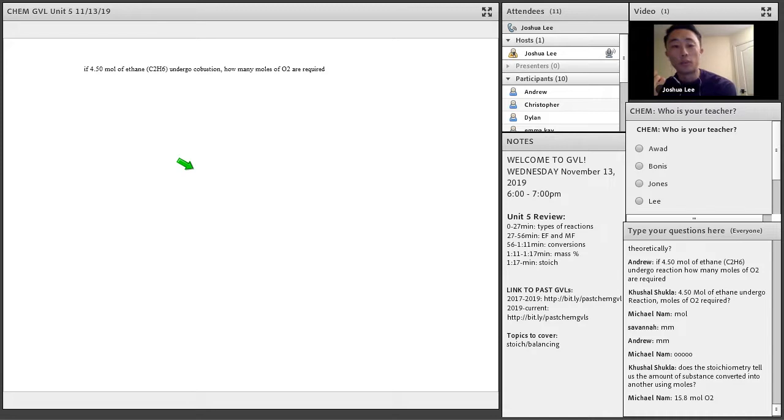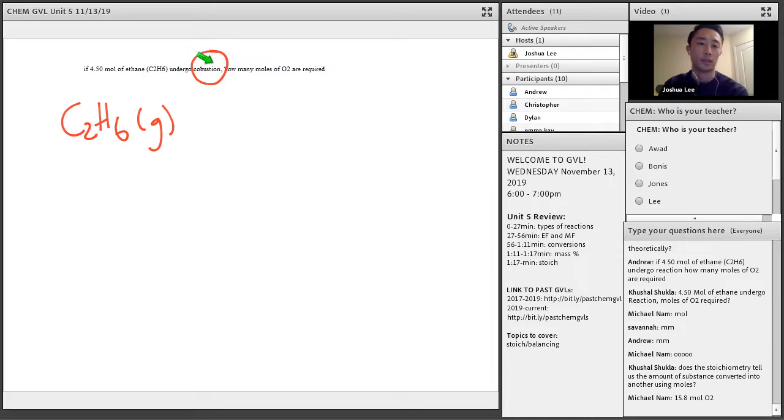So step one would be for you to actually make this reaction. Okay, ethane is C2H6. This one's a gas. And it undergoes combustion. So that means I need to add O2, and it'll form CO2 gas and H2O gas.